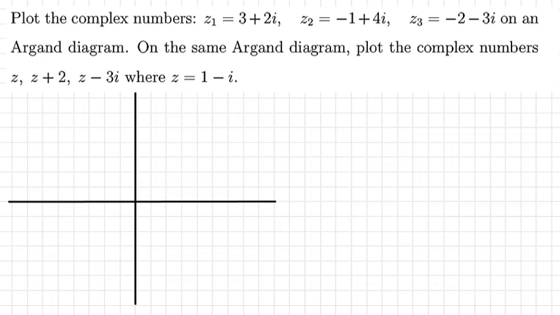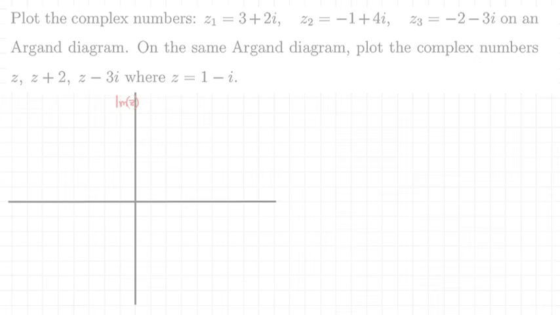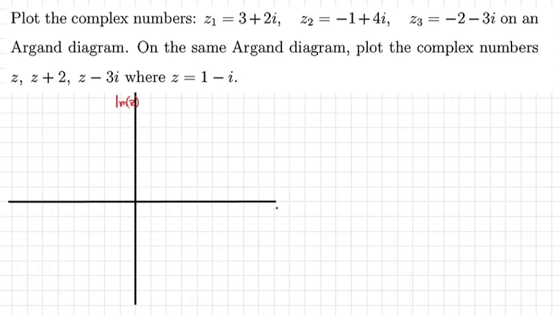So first of all, it's important to note that the y-axis represents the imaginary. So this is the imaginary of z, and the x-axis represents the real. So this means that for the complex number 3 plus 2i, we just have to find the 3.